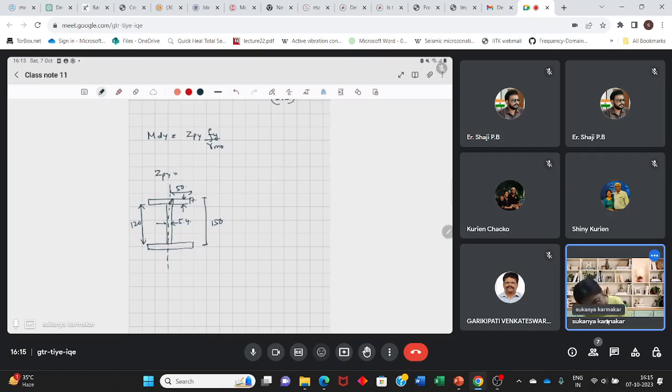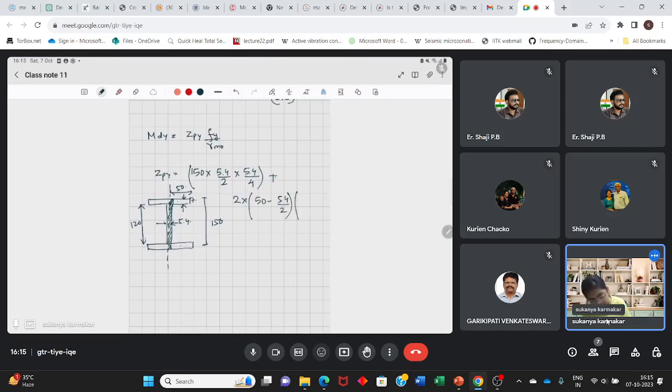First we take the area. How much is the area? 150 into half of the web width, 5.4, into 2, into this centroidal distance, plus the two rectangles, this rectangle and this rectangle. So 2 into the length.